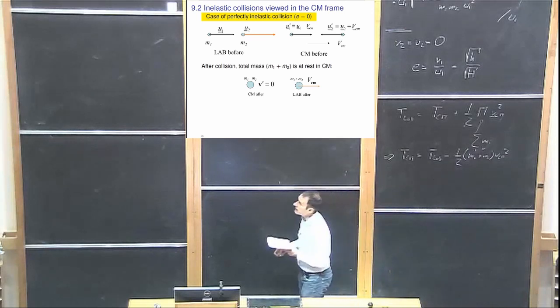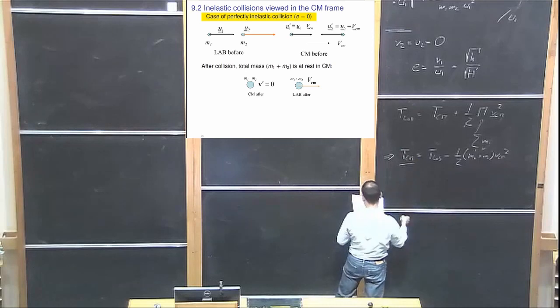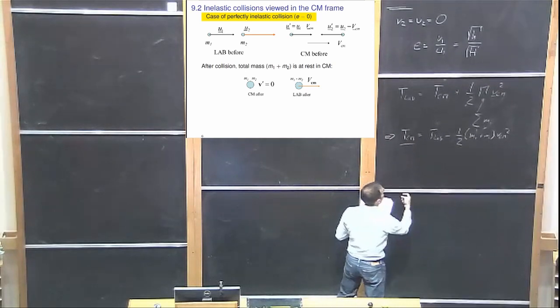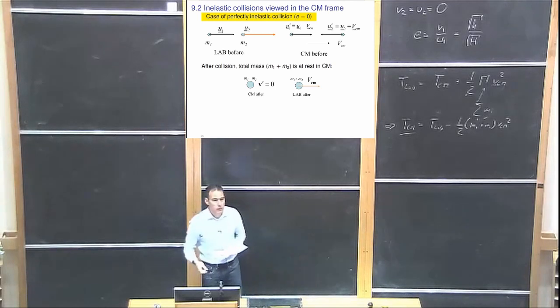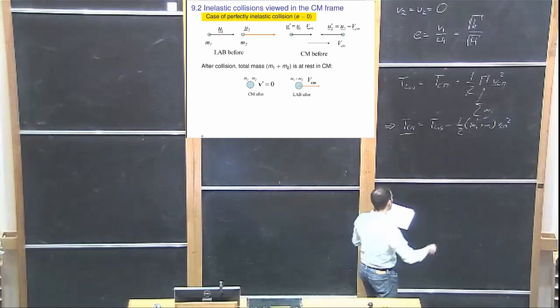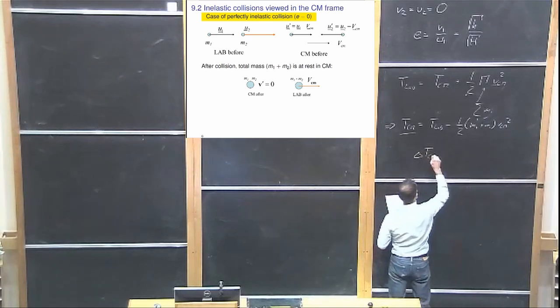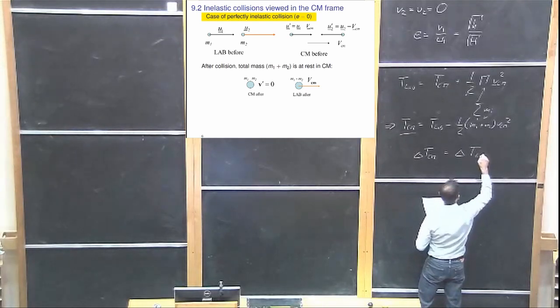So this is the kinetic energy in the center of mass frame. Now, if we lose some energy in the center of mass frame, we're going to lose the same amount of energy in the lab frame. So delta TCM is the same in the lab frame.